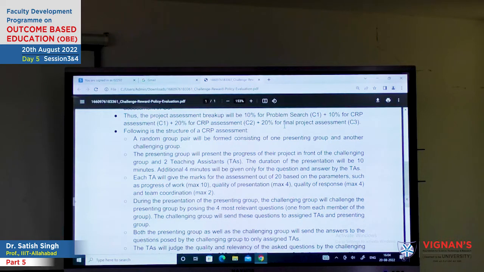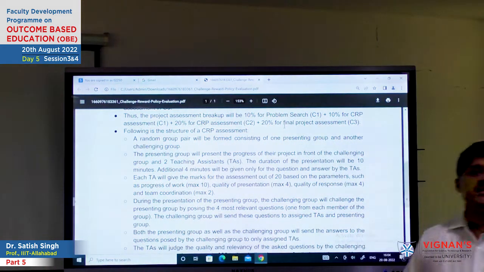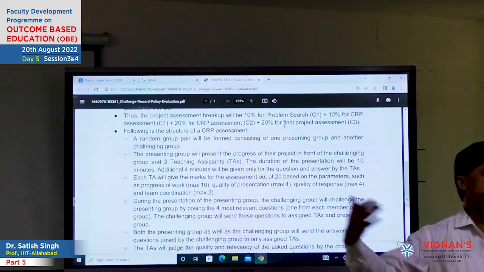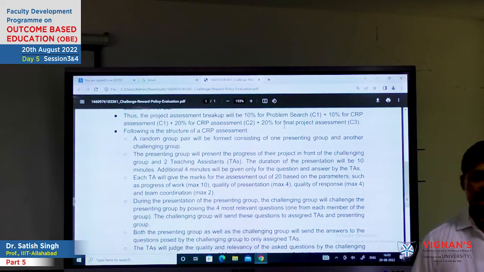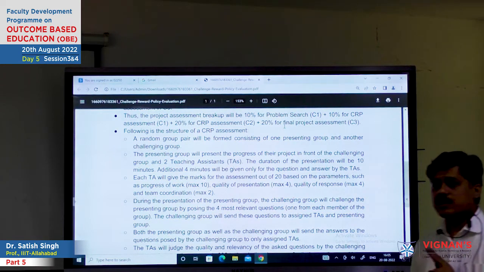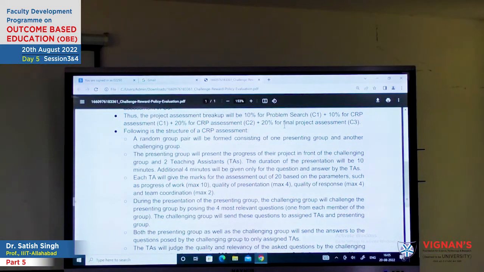Pairing is random. So progress will be presented by one group, and the presenting group will be challenged by another group, consisting of 4 students each in presenting and challenging. The presenting group will present the progress of their project in front of the challenging group, and it is not complete autonomy to the challenging group. 2 TAs are there.